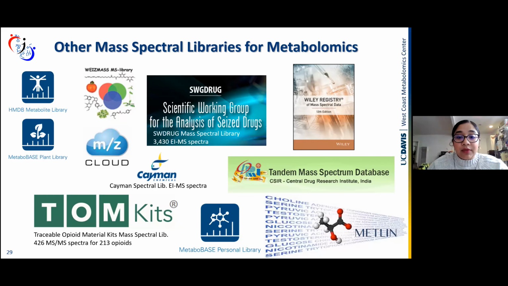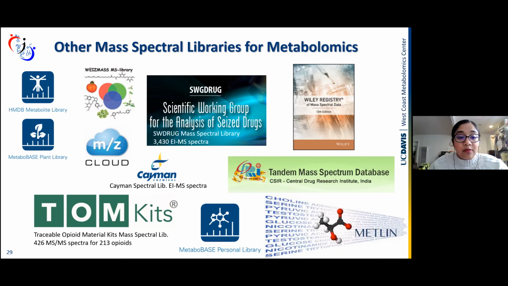There's one from India called Tandem Mass Spectrum Database. You can view the data, but you can't download the data. That was something I mentioned as one of our goals in Mona, having that accessibility and making downloading relatively easy. I also found one, Tomkits. This is a freely available library of 426 MSMS spectra covering 213 opioids.